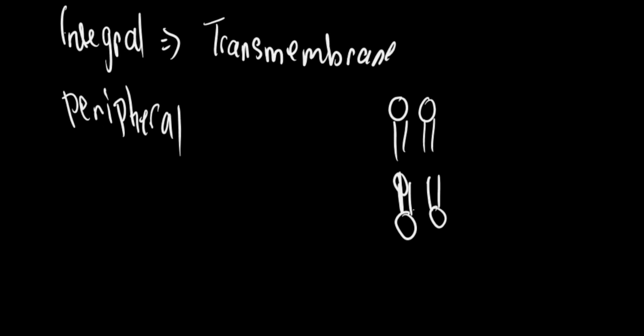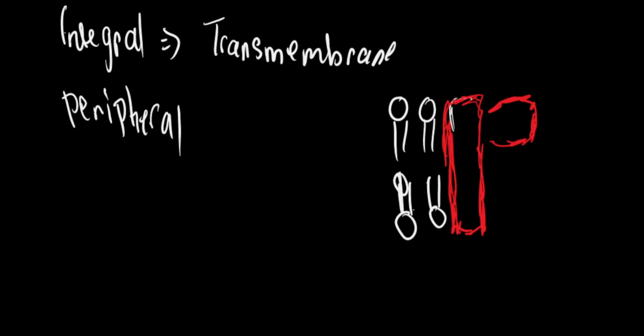So we have phospholipid, and then we could have a protein traversing the entire width of the plasma membrane. This is an example of a transmembrane protein. However, in other cases, it could just be embedded on one side, something like this.